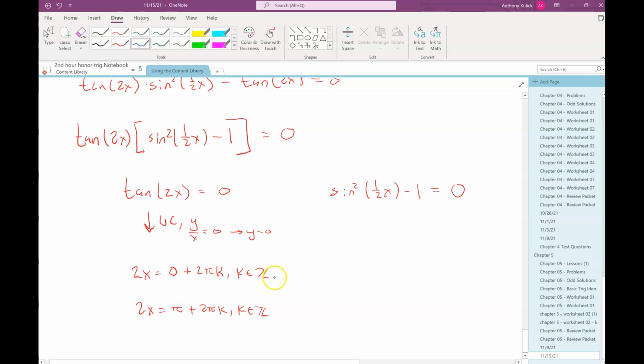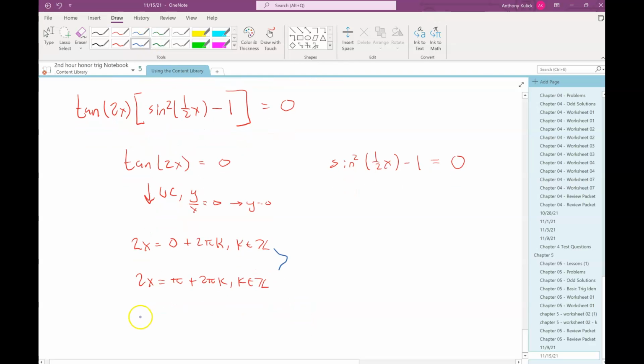Now in this case, I noticed that these could be condensed, which is going to make life way easier to have one equation to deal with rather than two, because we still need to do some work on that.